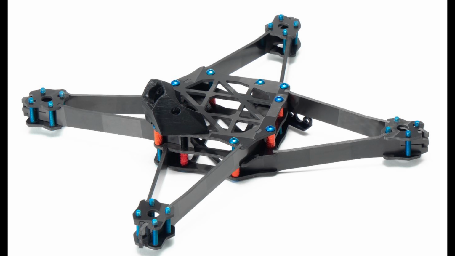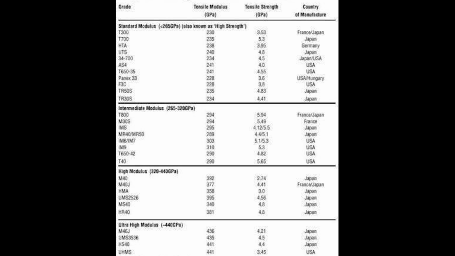The problem with the 3K is that there is nearly only T300 made in 3K. Most better fibers are made only in heavier tows. T300 is one of the oldest, weakest, most flexible fibers that you can get.